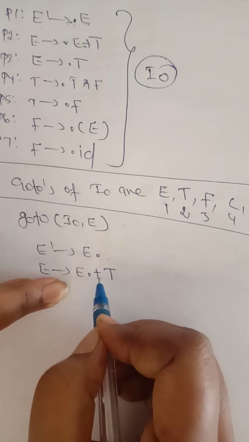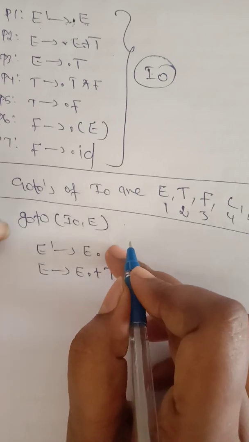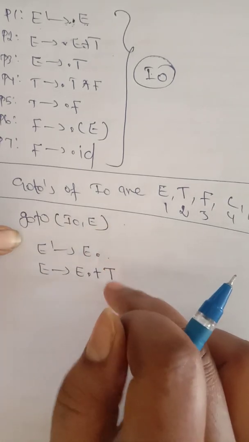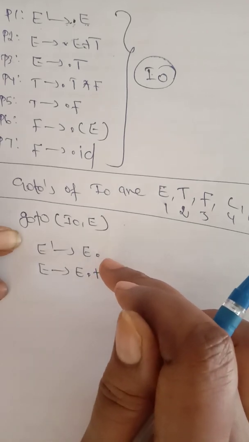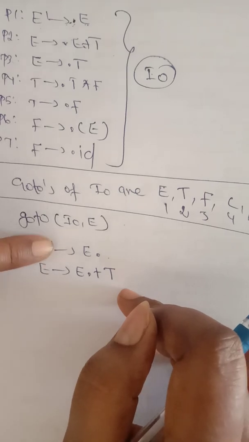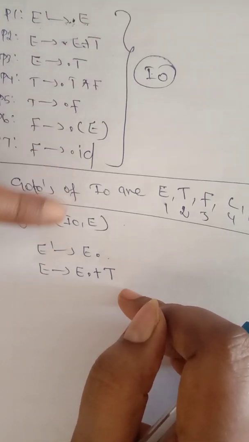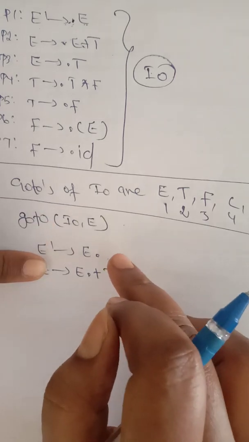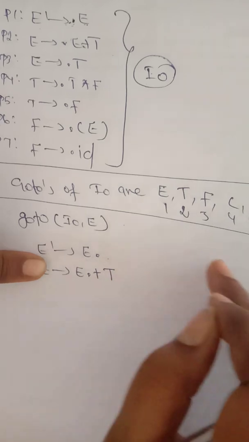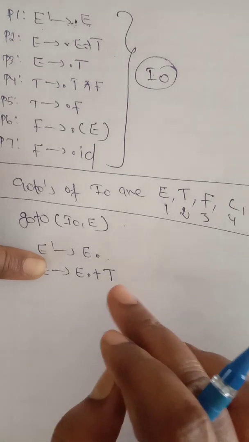That plus is a terminal, so you just ignore it. Next, compare these two productions, because go-to of I naught comma E gives two outputs, two statements. Then you have to compare whether those two statements are the same as an already available set or not. If it is an available set, give the same name to the new productions. Otherwise give a new set name to those new productions.